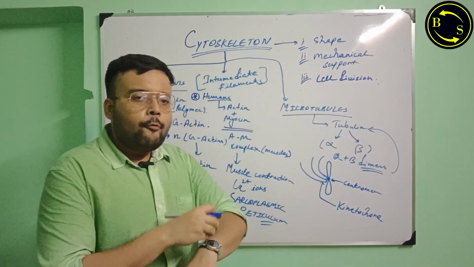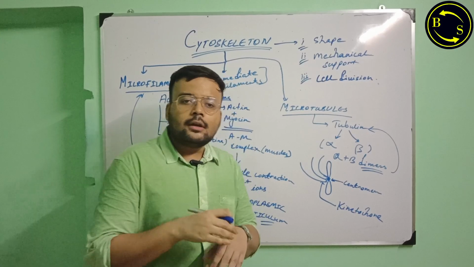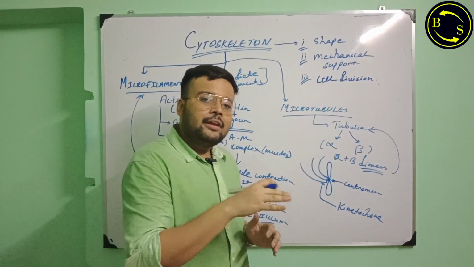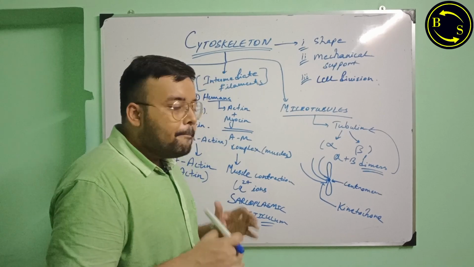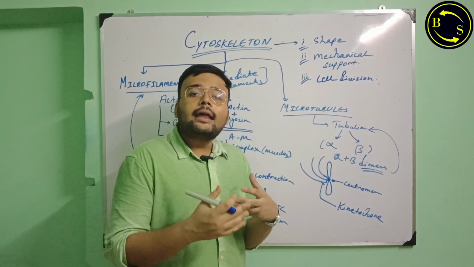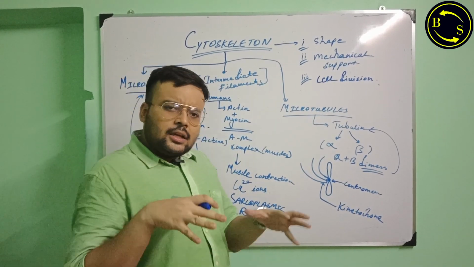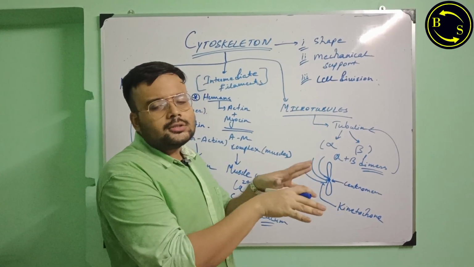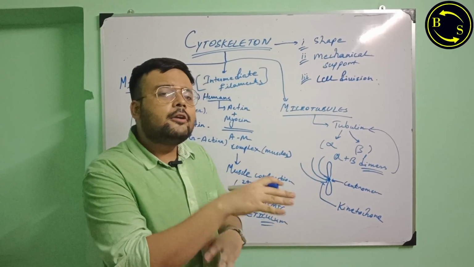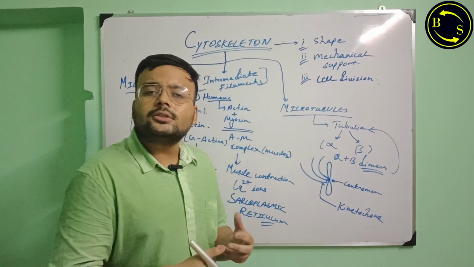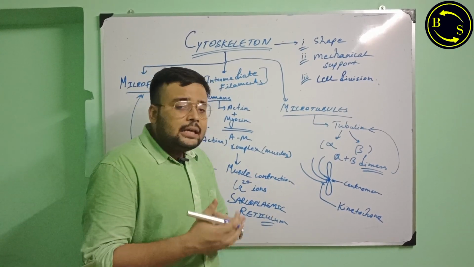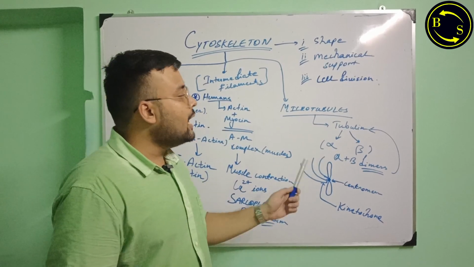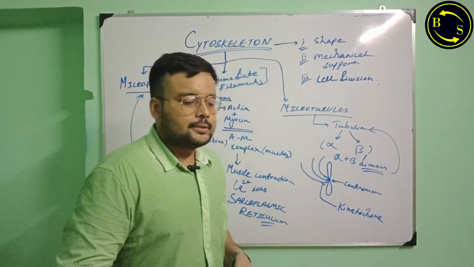Whenever there is a wound, whenever there is an infection, the WBCs move into that site of wound or infection by a process called diapedesis. It is almost like the crawling of a spider. They crawl across the blood capillaries and they reach the site of the wound by the process of diapedesis. Now, these functions are done with the help of microtubules and the tubulin proteins.